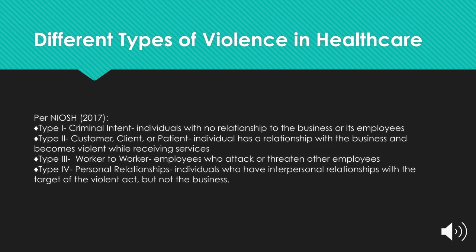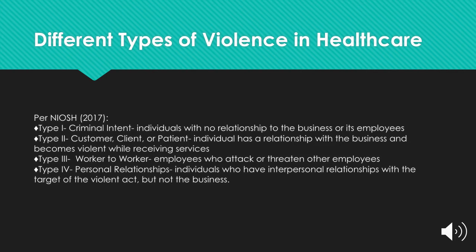Different types of violence in healthcare. Per NIOSH, Type 1 is criminal intent, individuals with no relationship to the business or its employees. Type 2 is customer, client, or patient violence. The individual has a relationship with the business and becomes violent while receiving services.